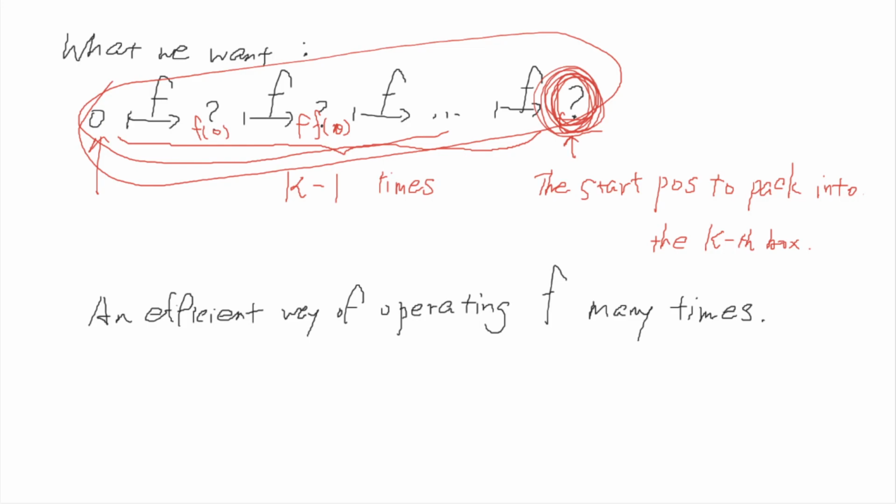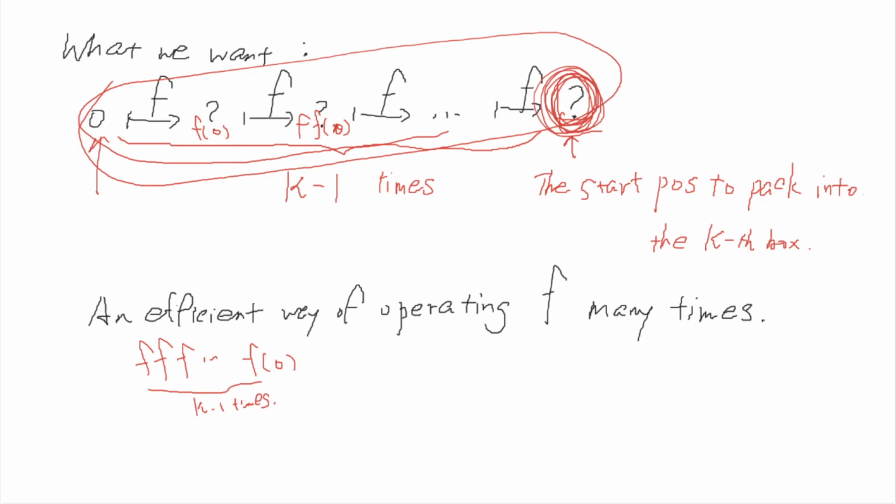So the last task we have to deal with is to calculate the f of 0. This is k minus 1 times.